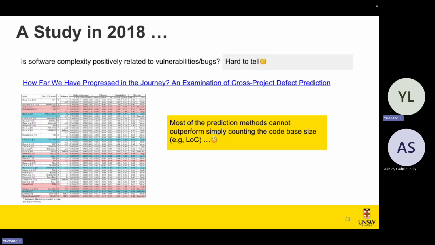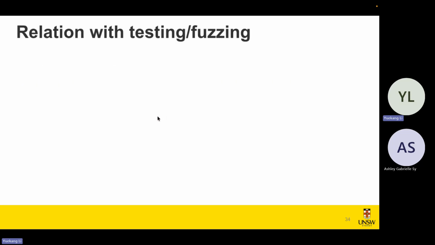But that's just an intuition. If we do careful research, we may find that it is actually very hard to tell the relationship between software complexity and the existence of bugs. These are some insights from the research. As for the relation of software complexity with testing, we will be learning fuzzing later, which is another type of testing technique.